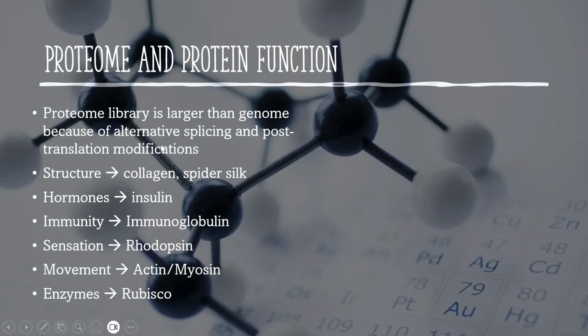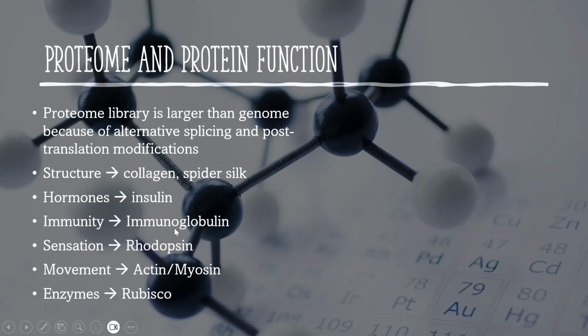So you have to know examples of proteins. So structure: collagen. Collagen is a part of your skin and a part of your hair. And spider silk. Hormones: insulin, that affects your blood sugar levels. Also other hormones like estrogen, testosterone. Then you have immunity.